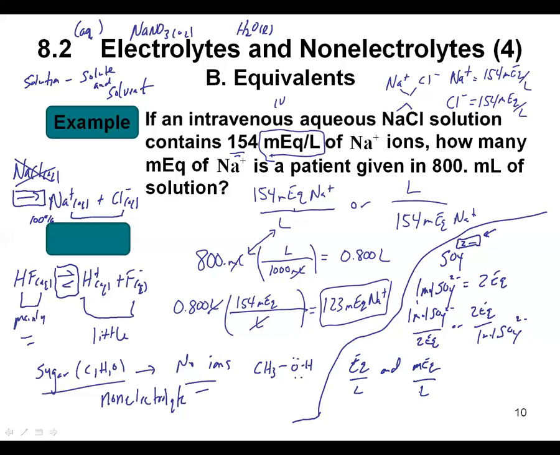It's a very common unit of concentration. As you can see here, we could use that in this particular problem. We were given the milliequivalents per liter here as 154. And again, we can use it as a conversion factor to figure out how many equivalents there may be in a solution.